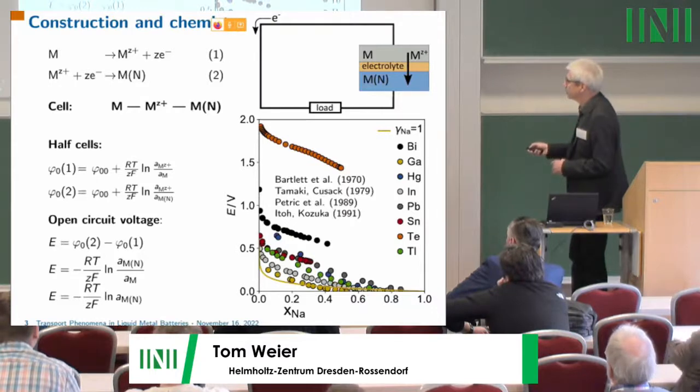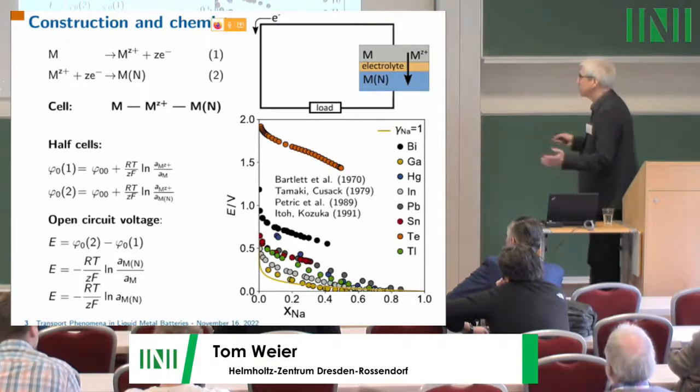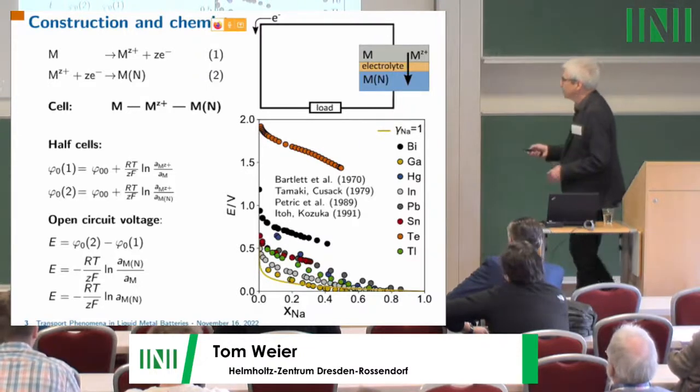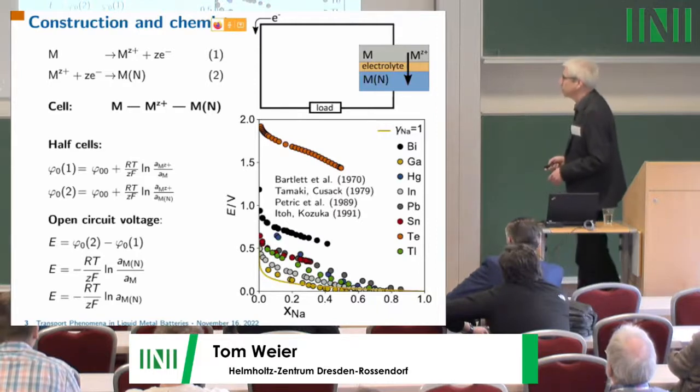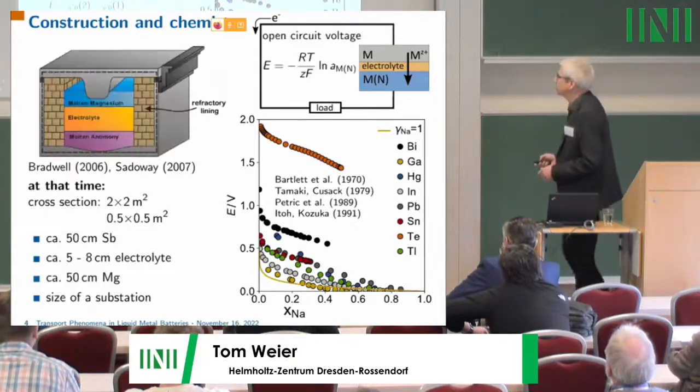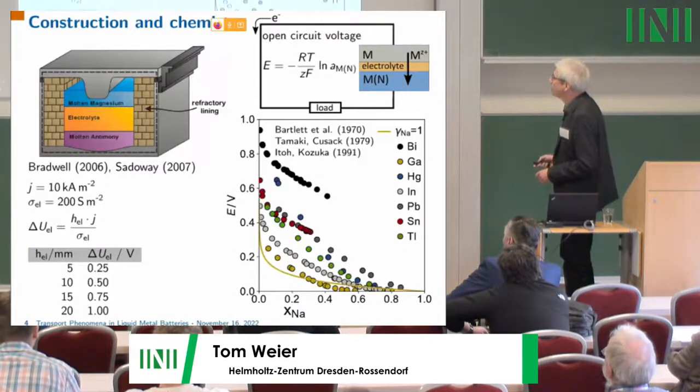So this describes in a relatively simple shape, but it hides a lot of things, of course. It describes the so-called open circuit potential when no current is flowing. Yeah, then these are things we already discussed.